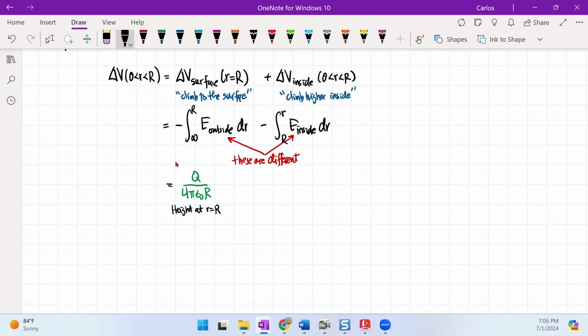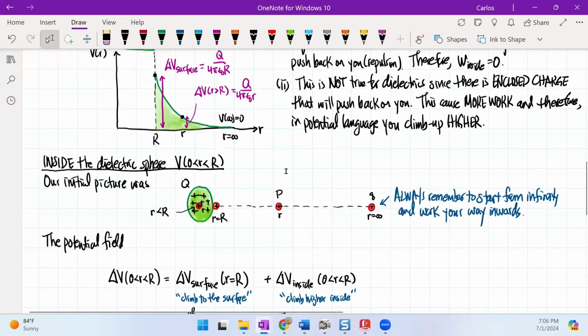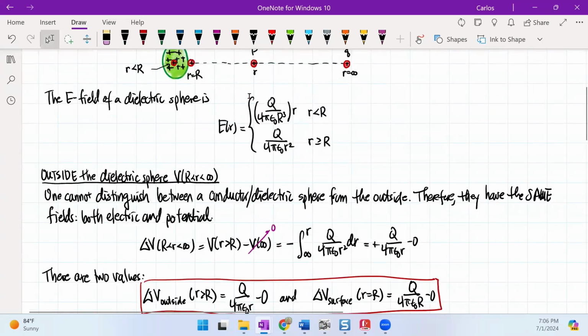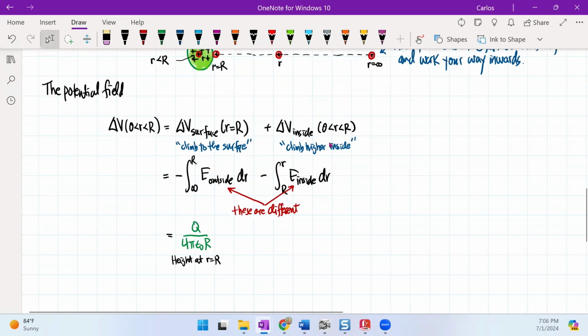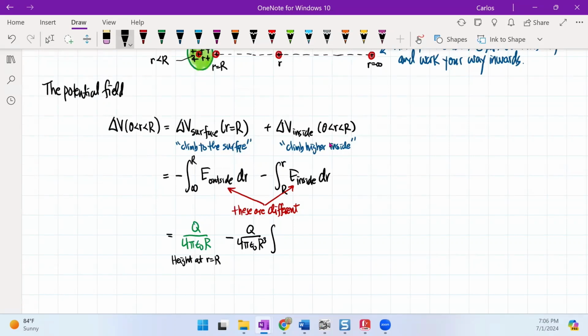Now, I'm going to put in that electric field. We wrote that electric field up here. Look at the electric field. I'm going to take this term right here and write that in. So inside, I now have an electric field that reads minus a constant, and then the integral goes from big R to little r of r dr. I'm going to color code this because that's telling me about the inside.